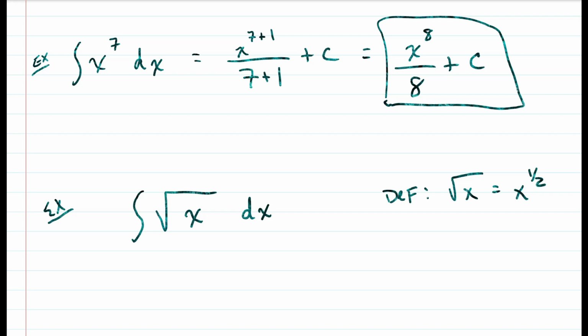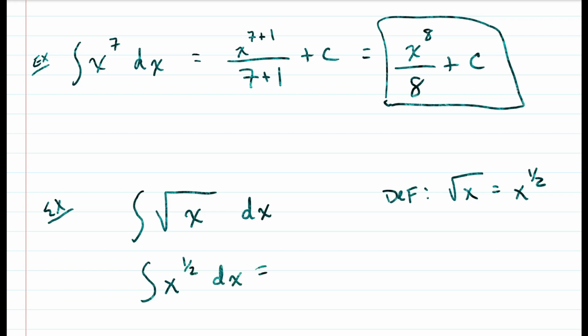That numerator represents what you're raising the x to, which is the first power. The denominator represents the index of the radical, which is square root. So we can go ahead and rewrite this as x to the 1/2 power with respect to x. That makes it easier on us.